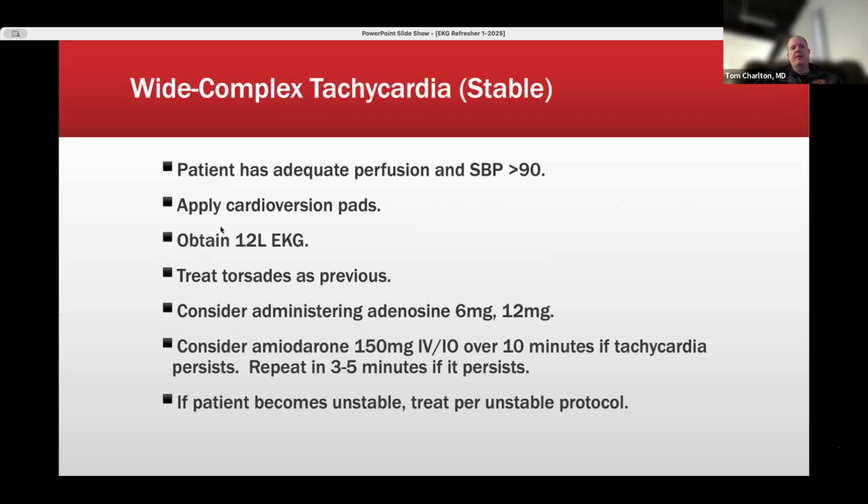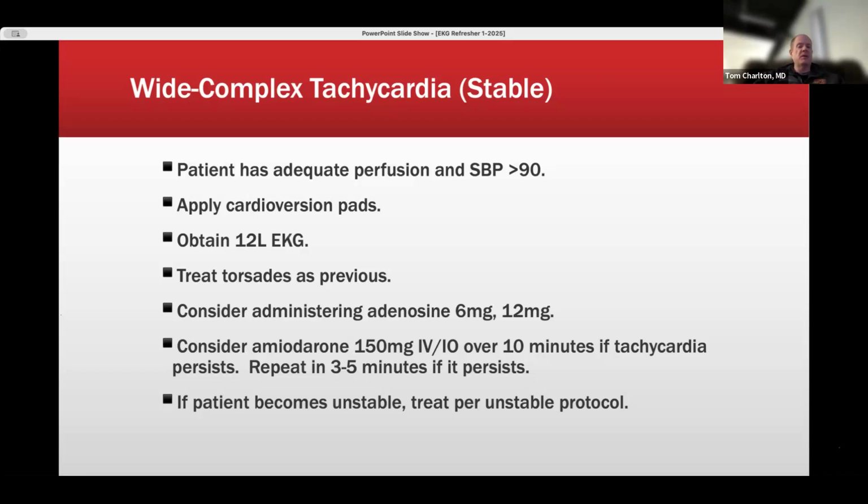So again, wide complex tachycardia that's stable. We can, in some instances, I personally don't do this, but AHA says, instead of us going immediately to amiodarone or shocking, if this person is stable, we can try administering adenosine, 6 milligrams and 12 milligrams. And the reason for that is in case it's this weird reentry SVT, that may fix it.